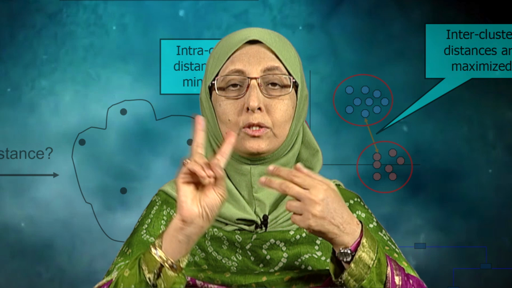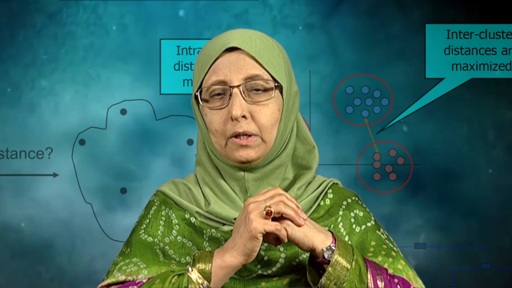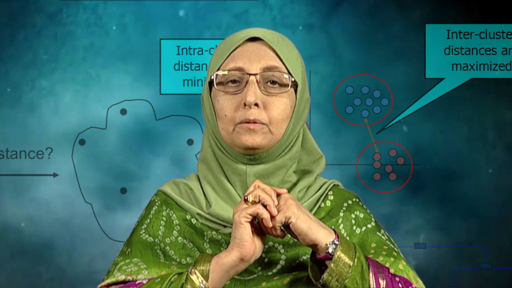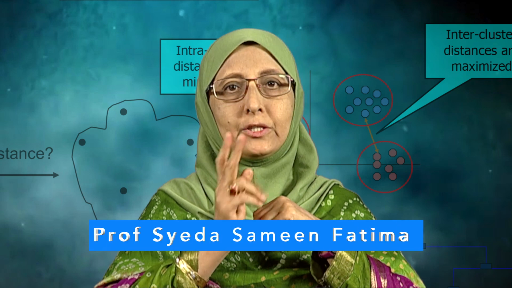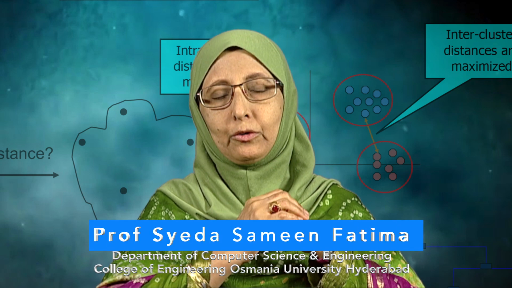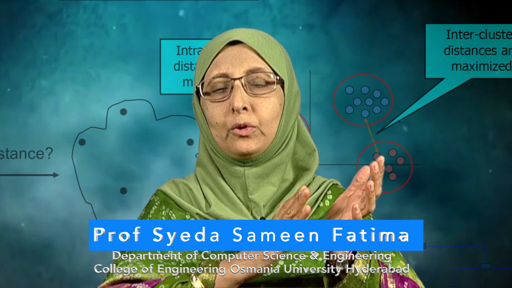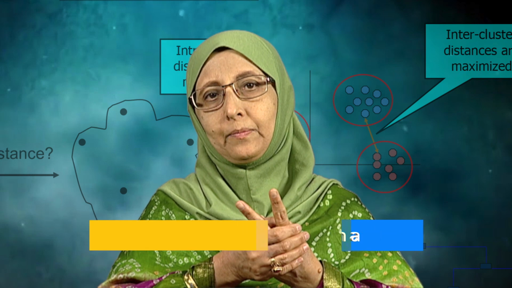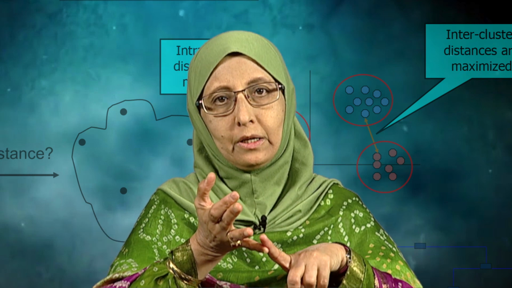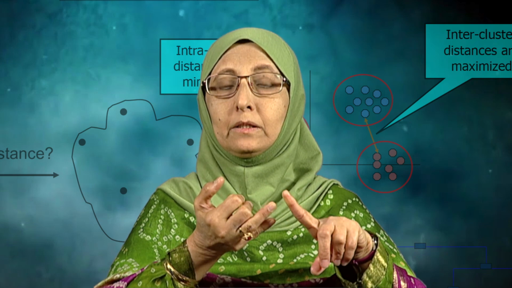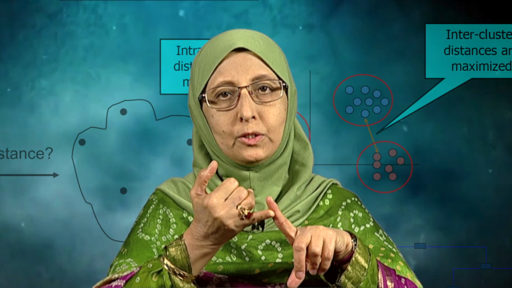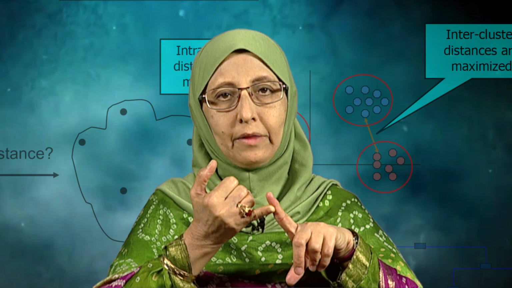Then we discussed two different algorithms, namely the hierarchical clustering algorithm and the partitional clustering algorithm. Under the hierarchical clustering algorithm, we discussed two approaches, the agglomerative approach and the divisive approach. Under hierarchical clustering, we also took a look at dendrograms and their role.